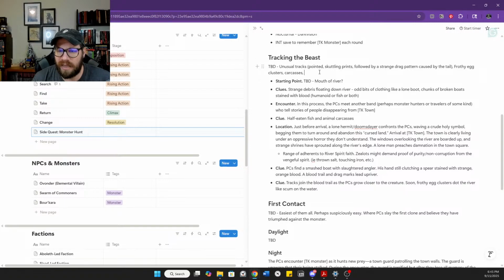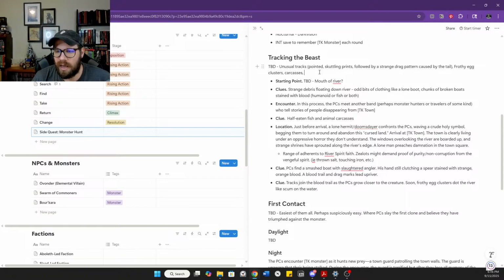So we talked about tracking the beast, and we had done a little bit of work on that. So coming up with a starting point, the mouth of a river was a good idea. I think that's a good one to work with. We talked about some of the clues that begin telling the characters that they're on the right track.